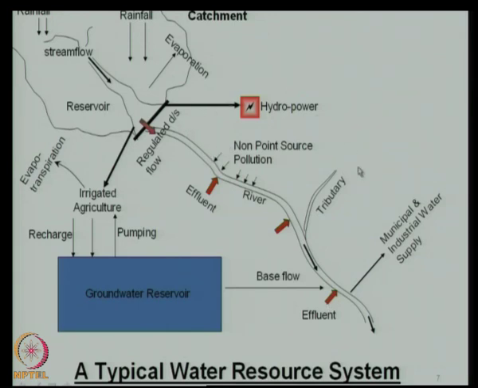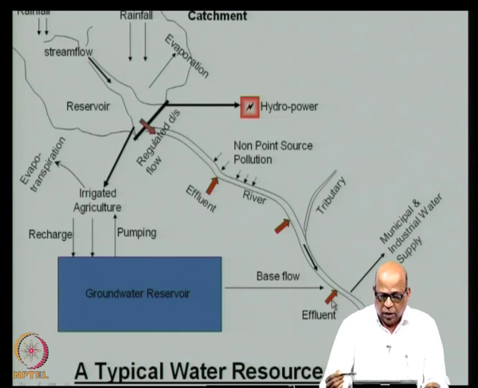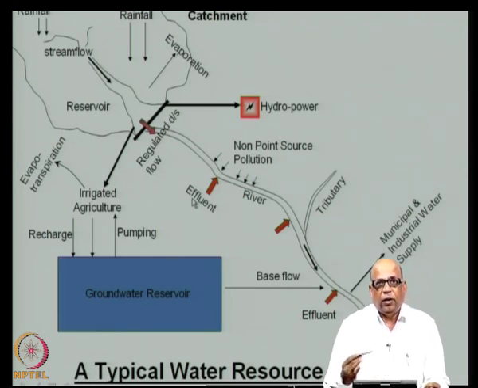Now, on the downstream side, there are a large number of industries, let us say municipal and industrial effluents. Effluents are waste discharges that join the stream. So, there is one effluent here, another effluent here, another effluent here, and so on. These can be industrial and municipal effluents. These can be treated to a certain extent or completely untreated effluents.